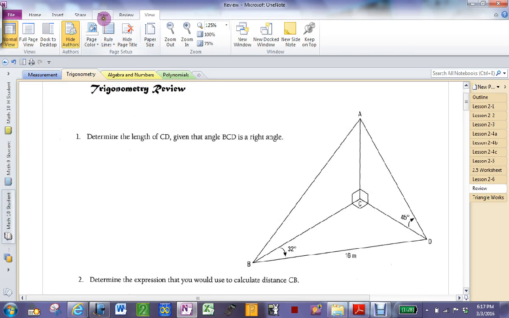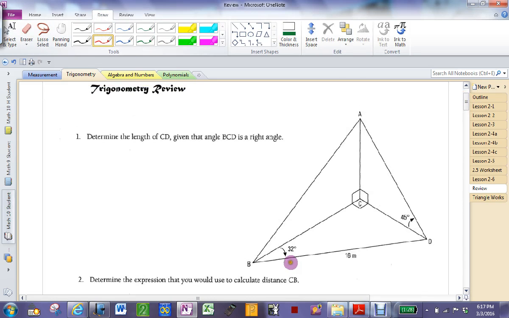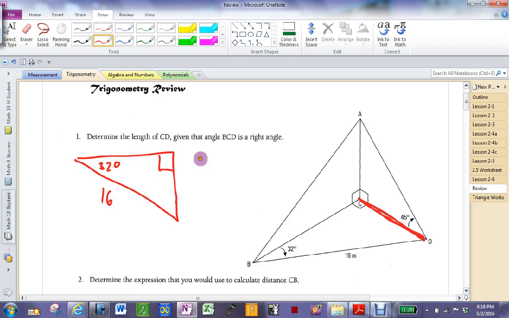Determine the length of CD. Well, CD is right here on this triangle. So that triangle looks like this. 32, 16. So I have a theta of 32. I have a hypotenuse of 16, and I need this side, which is opposite.